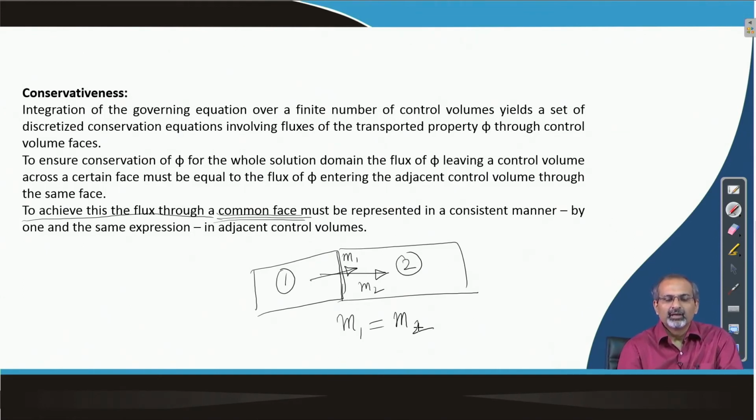So, therefore, what we are talking about is a consistent description of fluxes when we define them at these phases which are shared by adjacent control volumes.